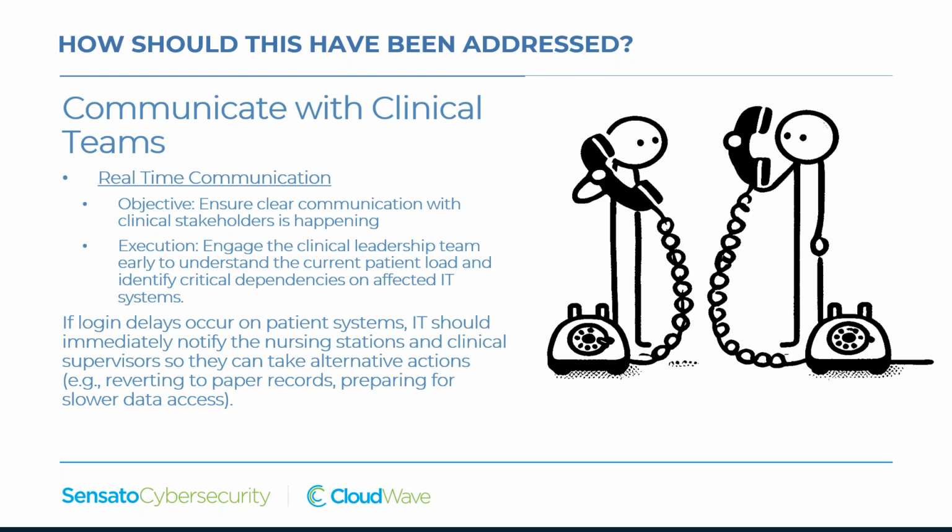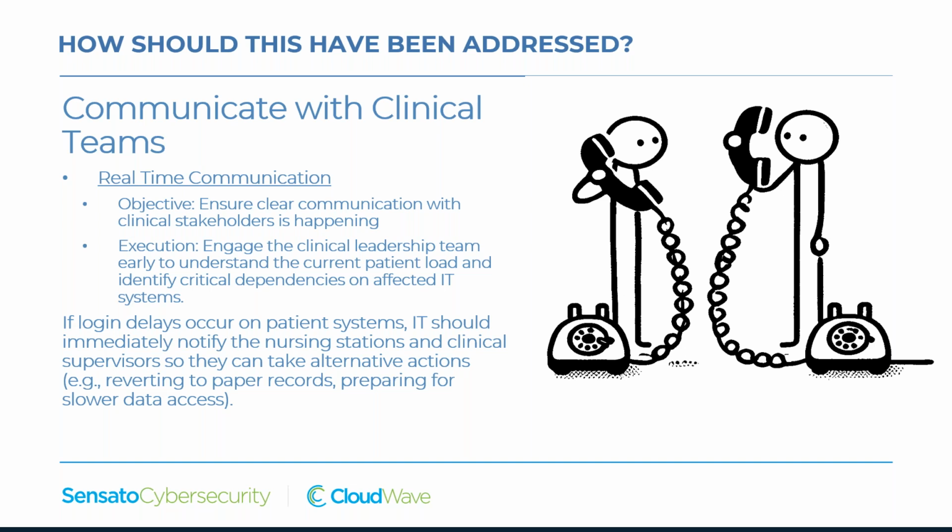The best thing you can do is communicate with the clinical teams. This has to be a real-time dialogue. We have to make sure that communication is happening clearly. One of the things we always want to do is understand what the clinical side of the house is seeing versus what we're seeing. In this particular case, if we start to get reports, as IT people, that there are delays occurring in the patient systems, we can immediately send out comms to notify supervisors that maybe they need to start taking alternative actions.